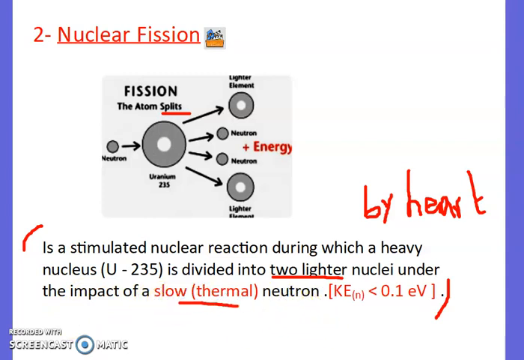Be careful. This is the condition of nuclear fission. When he asks us about the condition, we say thermal neutron or slow neutron, means kinetic energy less than 0.1 electron volt, eV. Okay? Any problem?